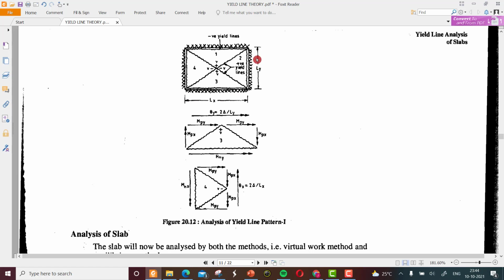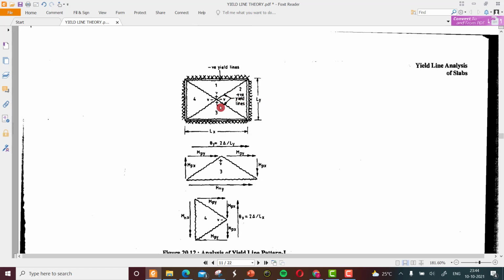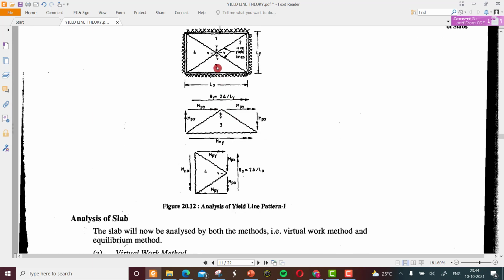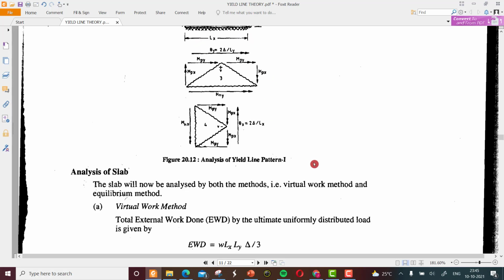The Lx and Ly are given, along with the free body diagram. So 3 and 4 are given. As I told, we can analyze 3 and 4 and multiply by 2 to get the entire behavior.